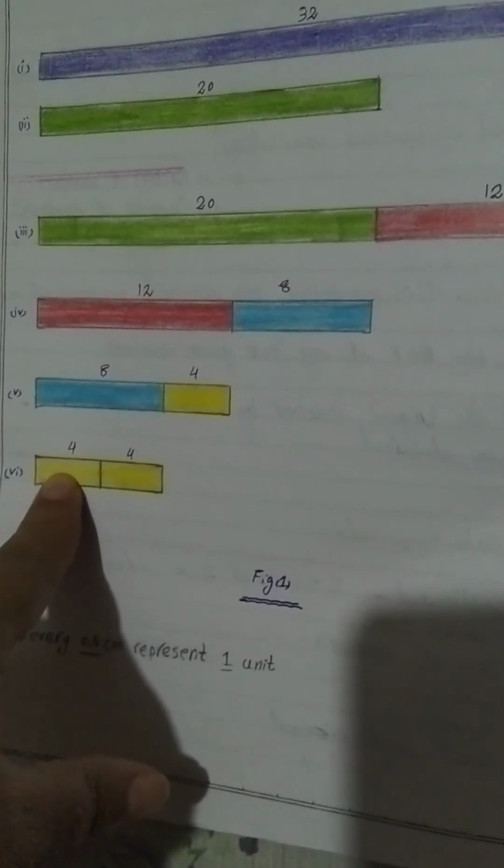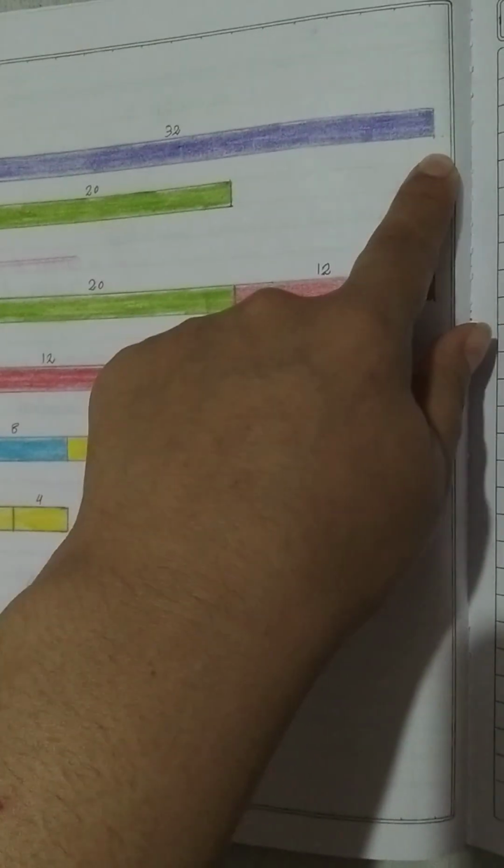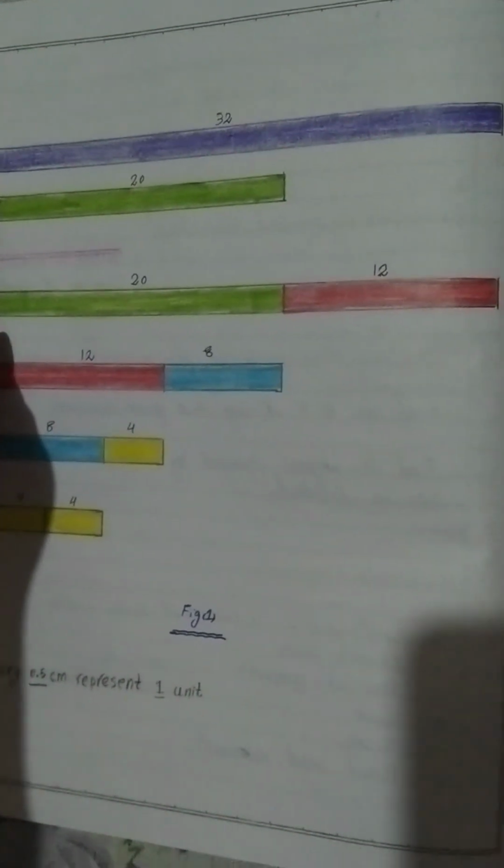Look at this. This is 4 unit or 4 centimeter. But if you draw it 4 centimeter, this one is 8 centimeter, this one towards, it will be too large. You don't have space for 32 centimeter, which is the longest. For that, you are actually drawing 16 centimeter, because from here till here is almost 17 centimeter.